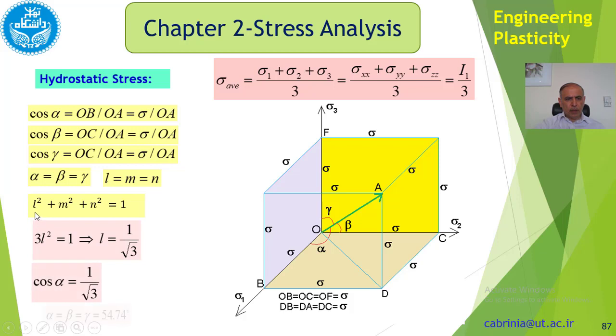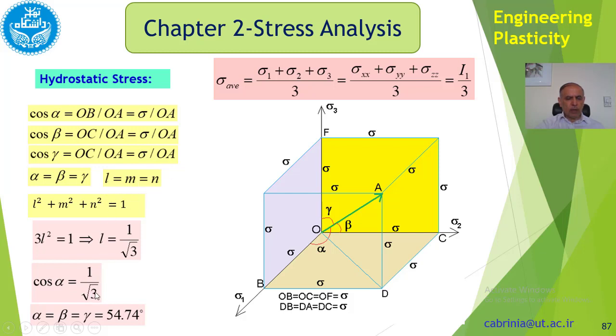So in here, if we put these values, M equal to L and N equal to L, into this equation, then we get 3L squared equal to 1, and L is equal to 1 over root 3, which gives cos alpha equal to 1 over root 3.